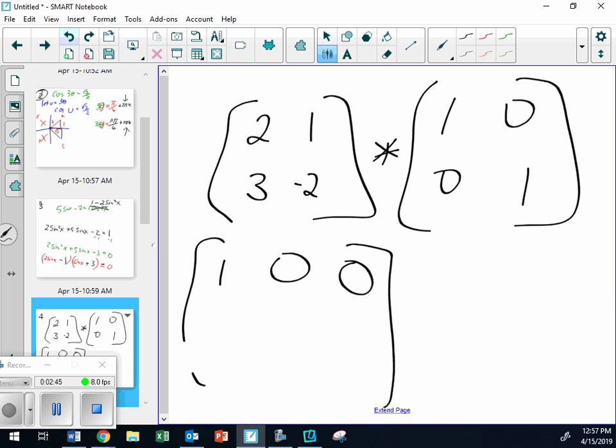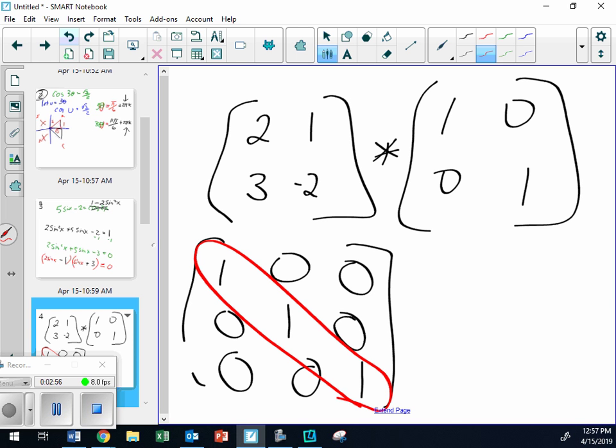Yes? Yeah, kind of diagonal. And you look at the 1s and you see it's like a diagonal of 1s. If you multiply by that, your matrix will stay the same. Okay. Now that's called an identity. That is totally different than an inverse.